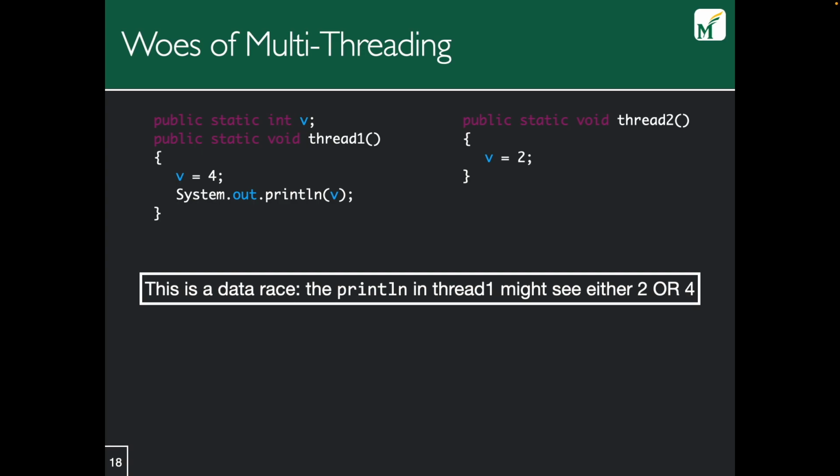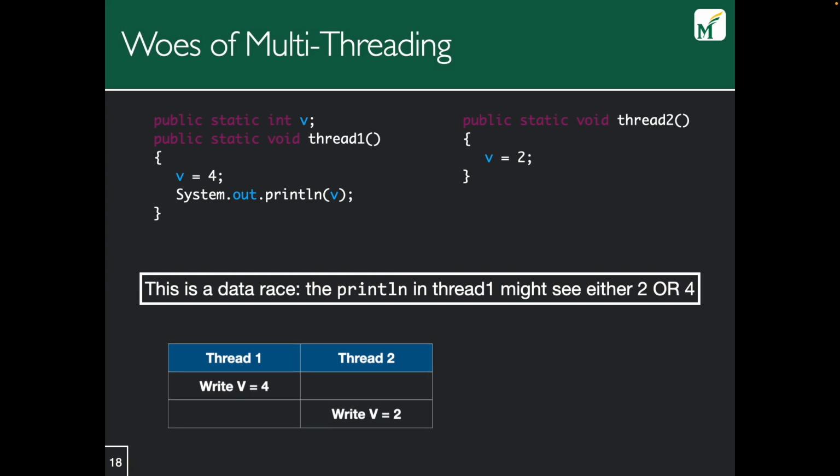In this case, we have a data race in these two code examples, and that is that the print line in thread 1 could see either 2 or 4, depending on the order of execution that we actually get. One scenario is that thread 1 first writes 4 to v, thread 2 writes 2 to v, and then we read v and print it out.